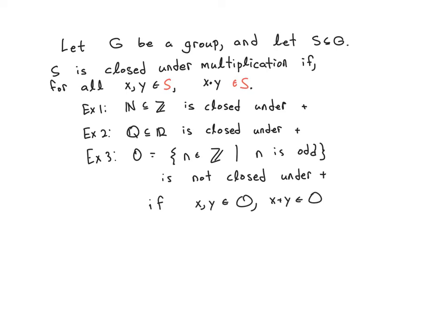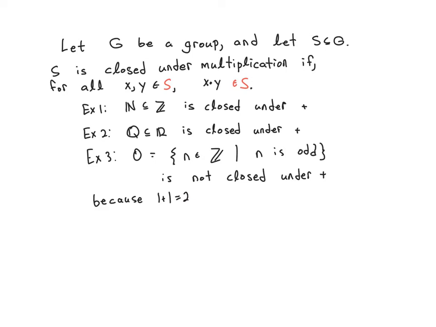So can you think of a pair of odd numbers whose sum is not odd? Well, the simplest example is 1 and 1. 1 and 1 are both odd numbers, but their sum is 2, which is even.